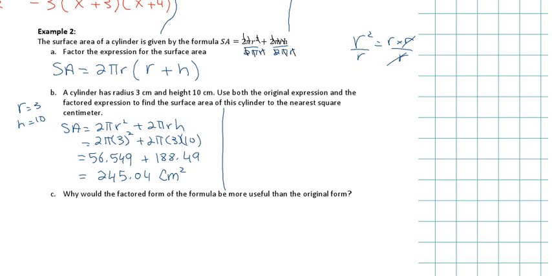If I want to simplify, what do I do? 3 plus 10 is 13, right? And all you have to do in the calculator is put 2 times pi times 3 times 13. And tell me what you get.